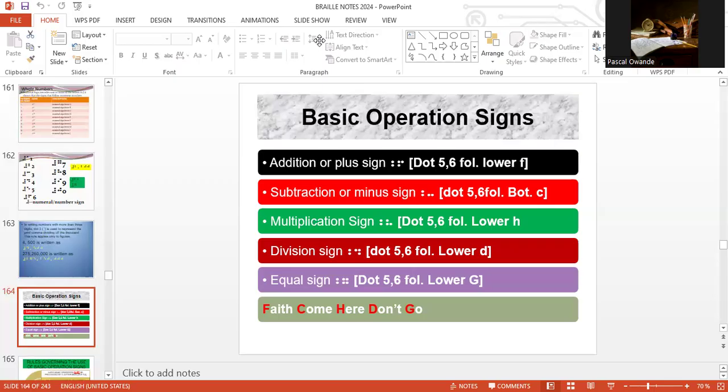The subtraction sign is dots 56 bottom C. Remember that we said for letter C, there is no lower C. It's either letter C, middle C, or bottom C. In the multiplication sign, we have dots 56 followed by lower h.